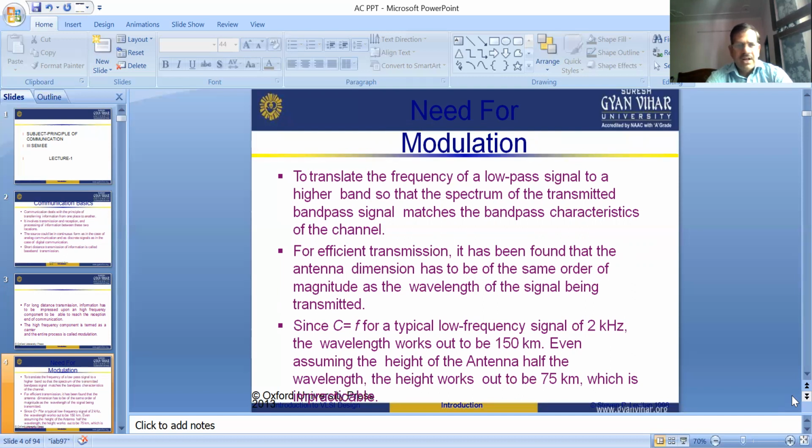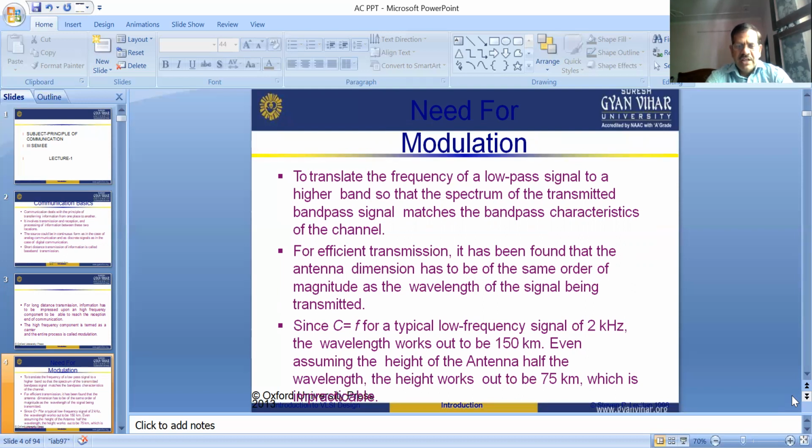The matching is a very important part of the communication system. The signal transmitted should be matched with the received signal.